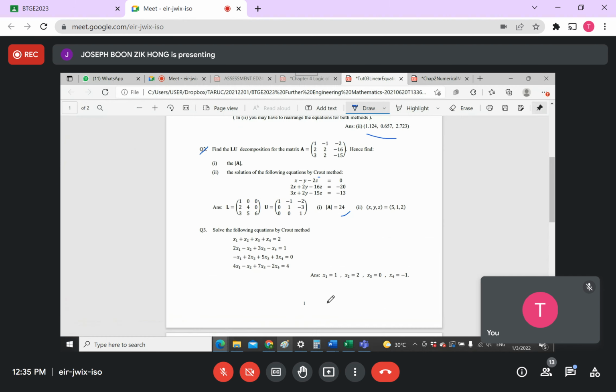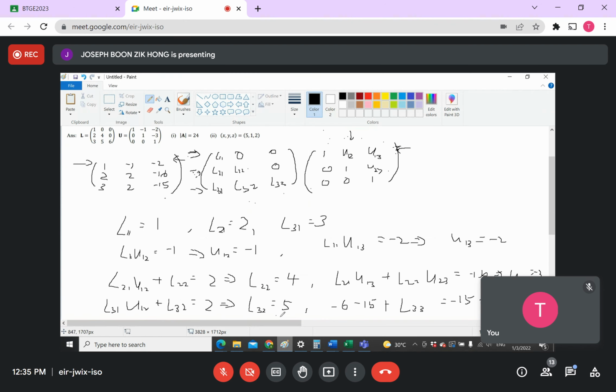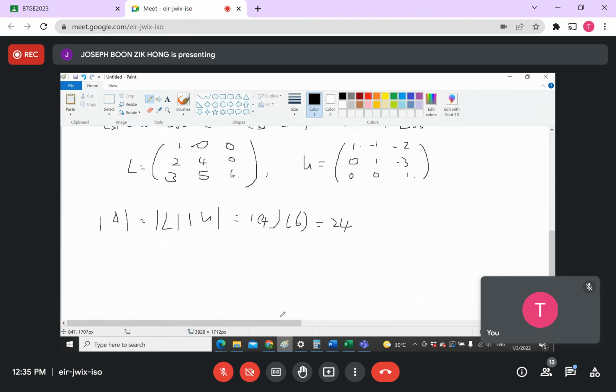Okay, next I want to solve the XYZ by using this one. So I know that, again, I have AX. If you can't remember, you just do like this. AX equal to B. And then we change the A into the LU.